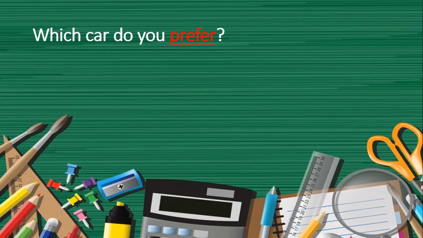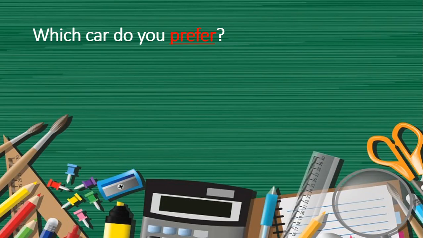Okay? So, then what happens? Which car do you prefer? Which car do you prefer is a formal way to ask a question about preference. If I ask you, which car do you prefer? That means that I'm going to give you two or more options. Remember that in English, when we are asking questions with which, it is because we are going to give two or more options to choose from.